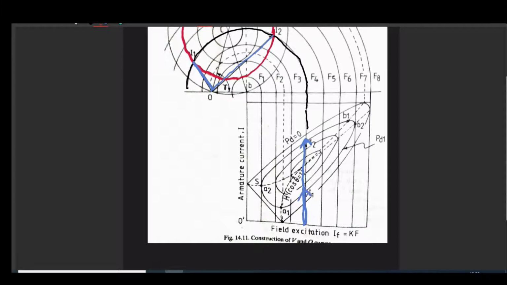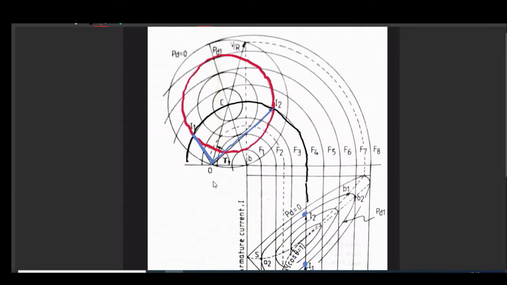These I1 and I2 are drawn as per their magnitude, scaled. Here in this Cartesian plane I am drawing I1 and I2. Now for this excitation we are getting two different values, I1 and I2. These are the two extreme values.